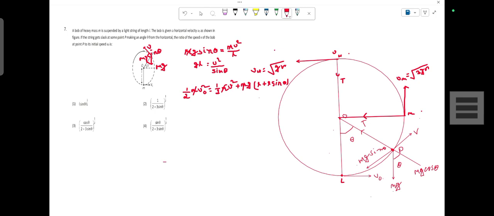So that is v naught square by 2 is equal to half into the value of v square, which is gL sin theta, plus gL sin theta. It will be very easy for that.